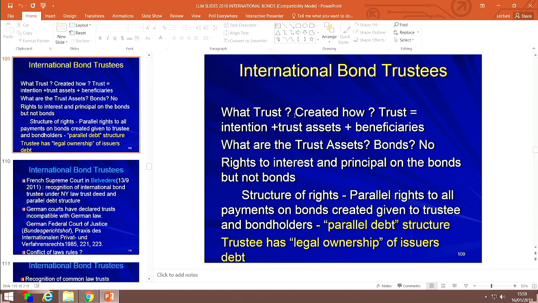Supposing there's a problem with regard to the issuer paying interest on principal. Supposing there's a problem with the issuer in relation to the negative pledge clause. Now, what happens now? If you've got a CAC clause, a collective action clause, bondholders must act, must organize a majority to decide something.